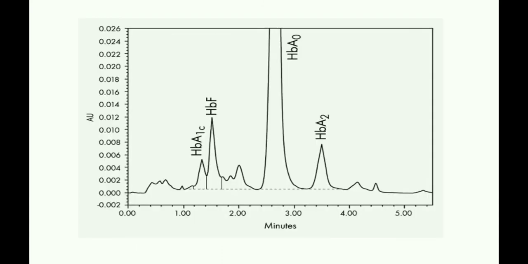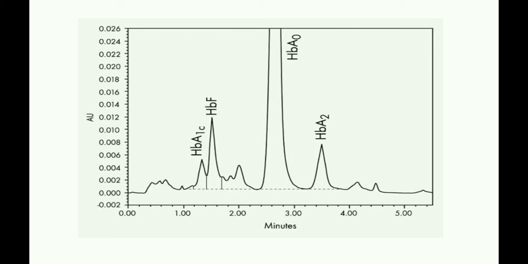Now to confirm the diagnosis, you can use HPLC, that is high performance liquid chromatography. Here in case of a thalassemia major patient, you can see that fetal hemoglobin will be increased because there is an impaired production of the beta globin chain and you have an excess alpha globin chain.